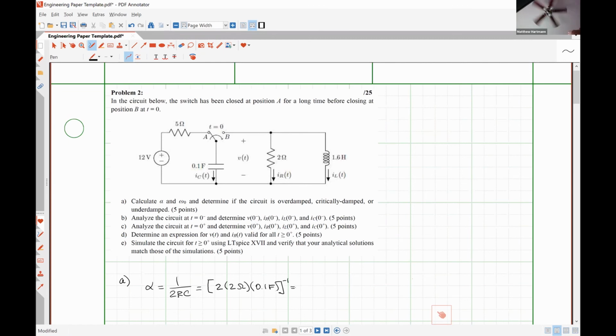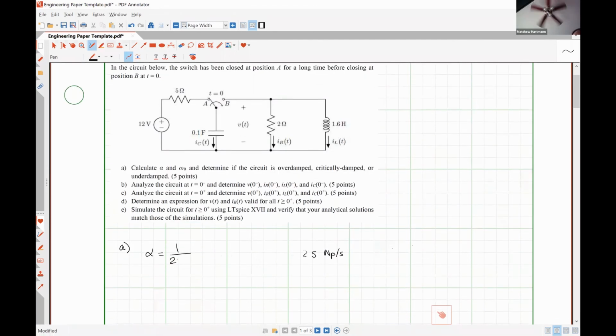So that's 4 times 0.1 is 0.4. So 4/10, so 10/4 should be 2.5 with units of nepers per second, if I did my math right. Let me just double check my mental math on that. Yep, 2.5 nepers per second.